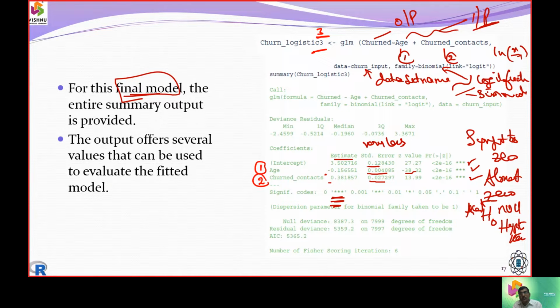So what is the factor occurring? It is his friendship, his churned contacts, and his age. So these two are deciding whether the person stays with this company or moves to another company, because the other friends may influence his way of looking at things in the company.